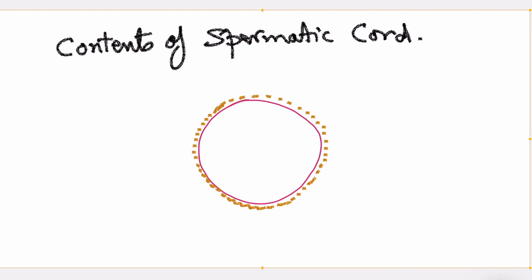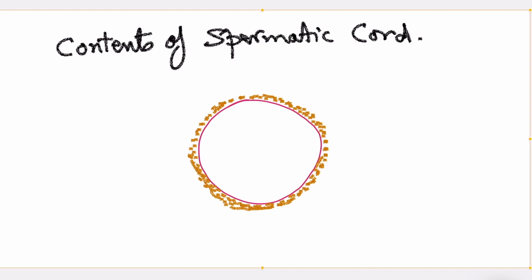This is called the cremasteric fascia because not only the muscle fibers, it also has connective tissue in between. So this is the cremasteric fascia here, formed by internal oblique and transversus abdominis.